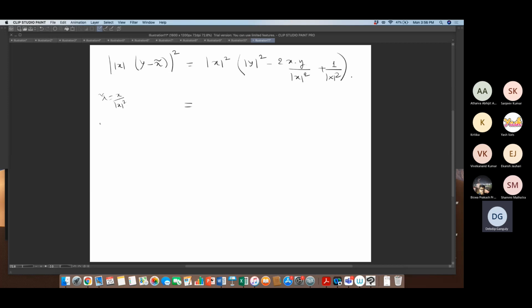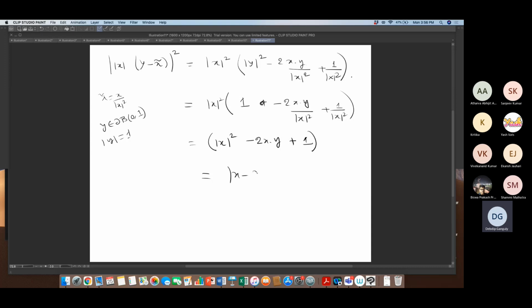We know that y is in the boundary, and we have to use this fact, that means mod y equal to 1. So mod x squared times this gives mod x squared minus 2 x dot y plus 1. This is nothing but x minus y whole squared.